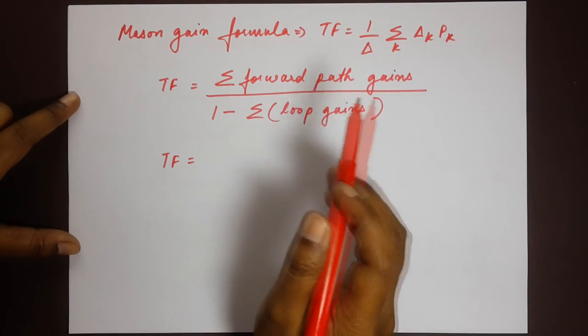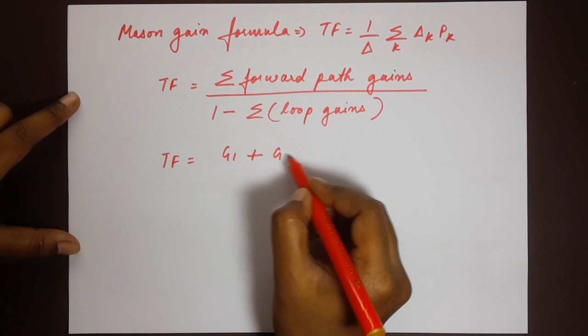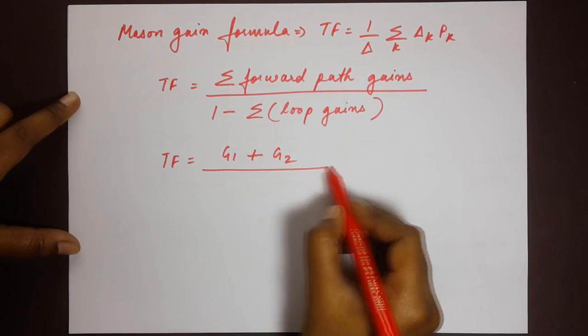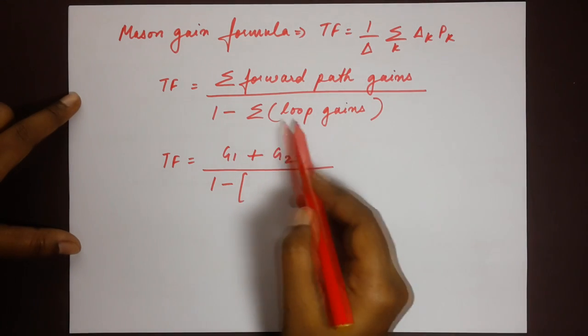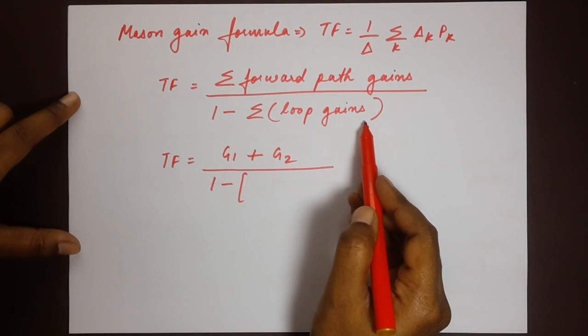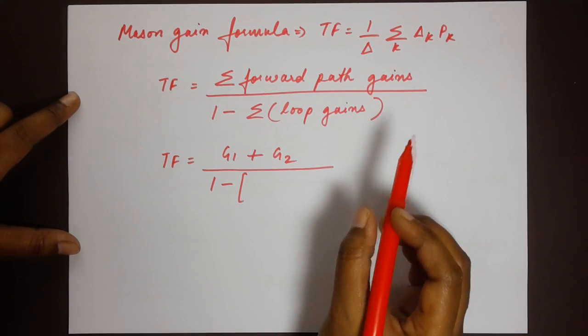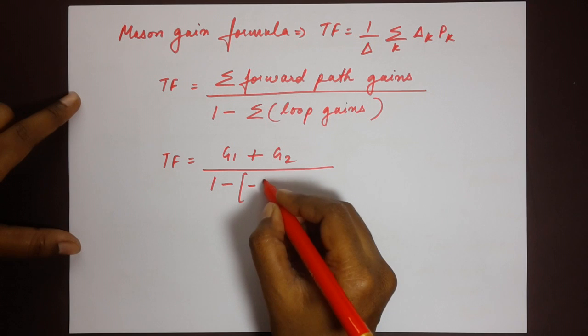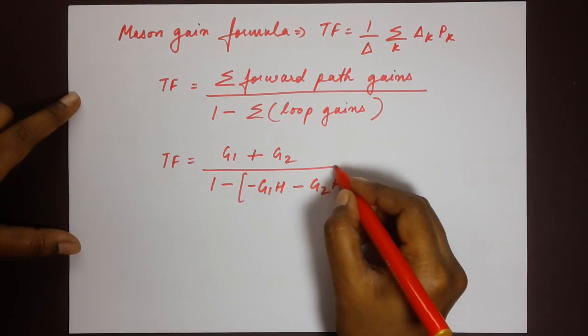We found that the forward path gains are G1 and G2. So we would have G1 plus G2 in the numerator divided by 1 minus the sum of the loop gains. Now the loop gains were minus G1H and minus G2H. So let's write that down, minus G1H minus G2H.